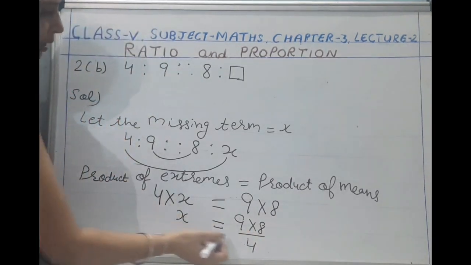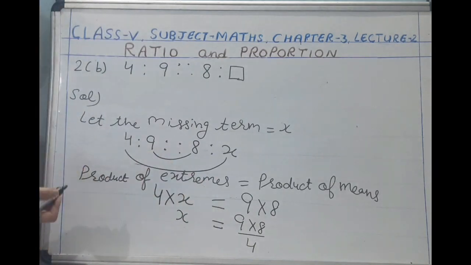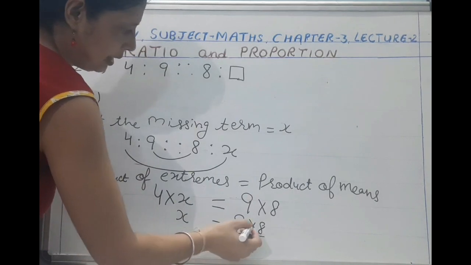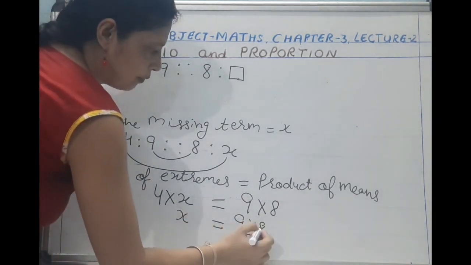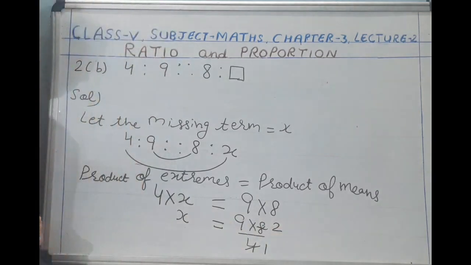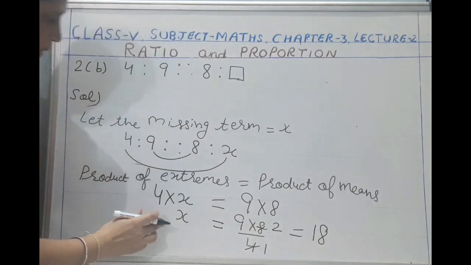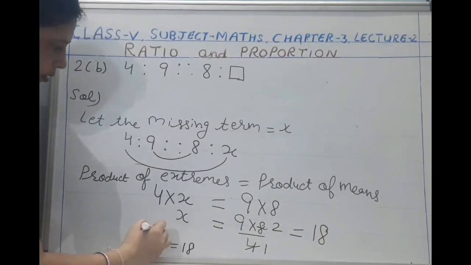So it will be written 9 into 8 upon 4. Now you know 4 ones are 4, 4 twos are 8, 9 twos are 18. So x is equal to 18.